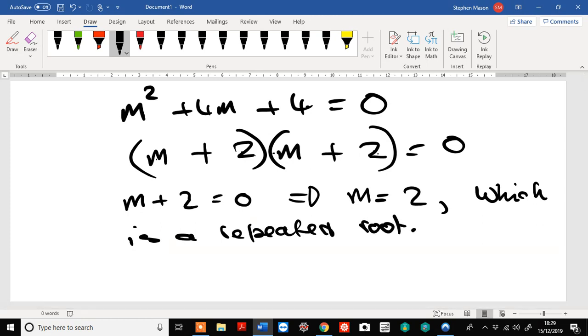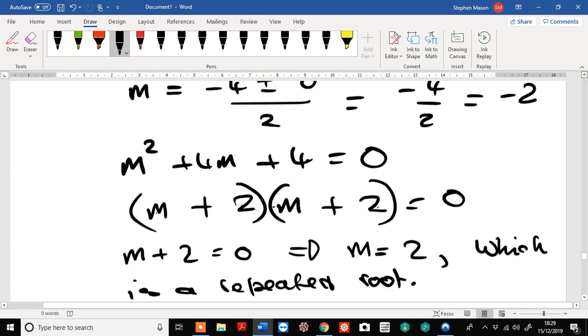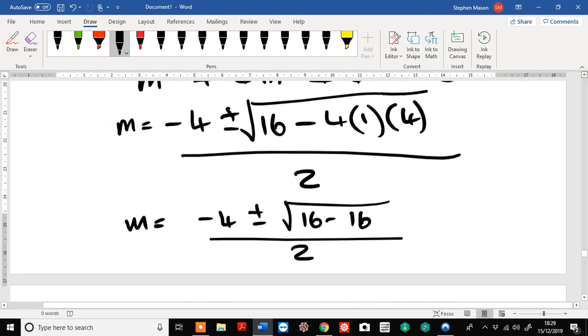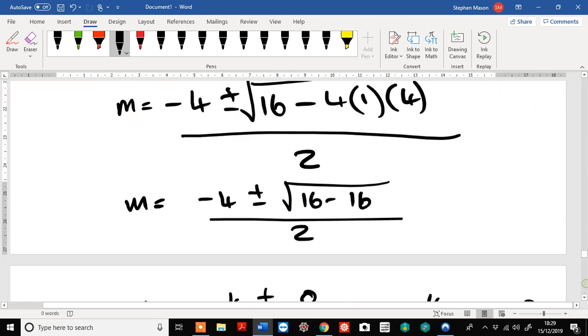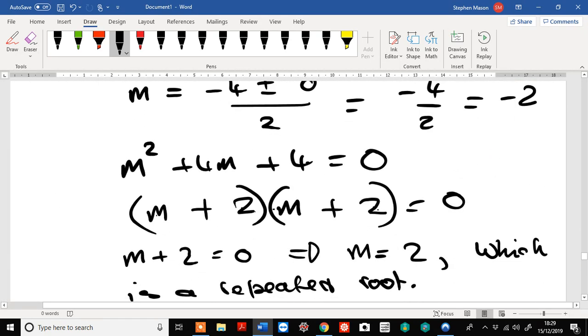Now I'm going to have to use my memory to write down the solution for this equation, because we've got a repeated root of -2, and as usual I forgot to put the minus sign in there. I have a real problem with minus signs.